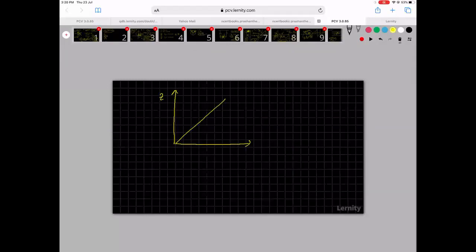The current is going this way, this way, this way, no problem.